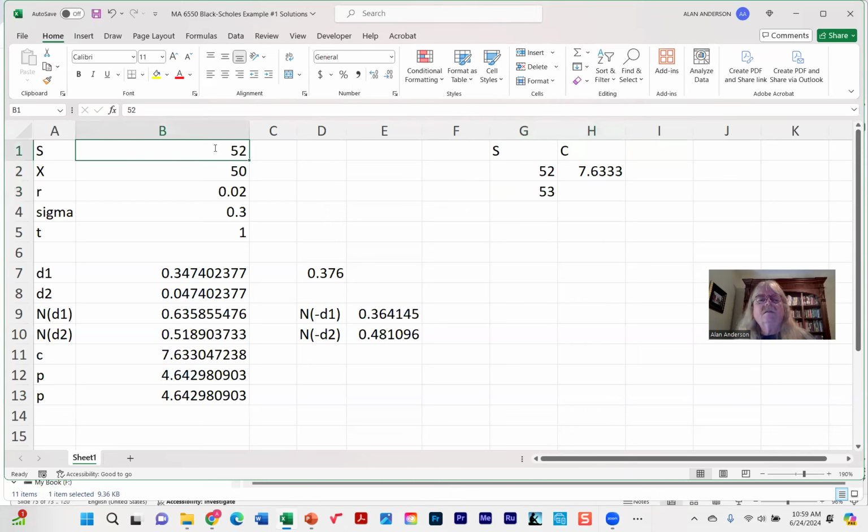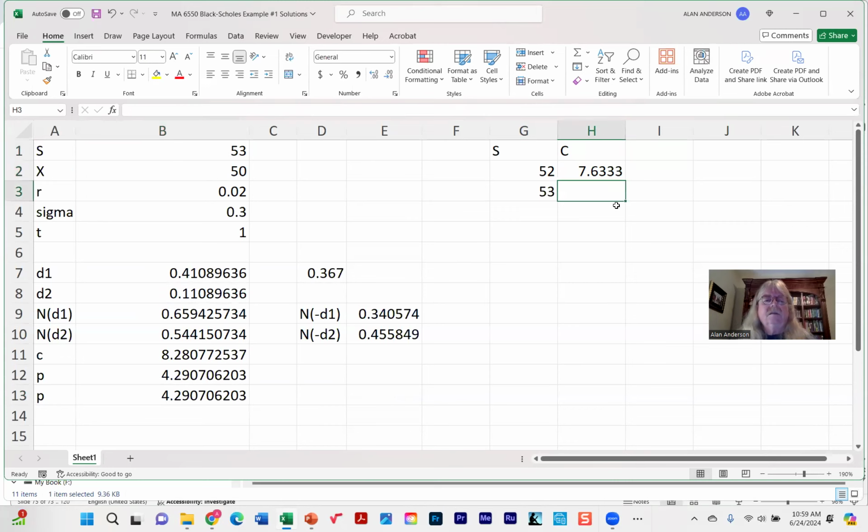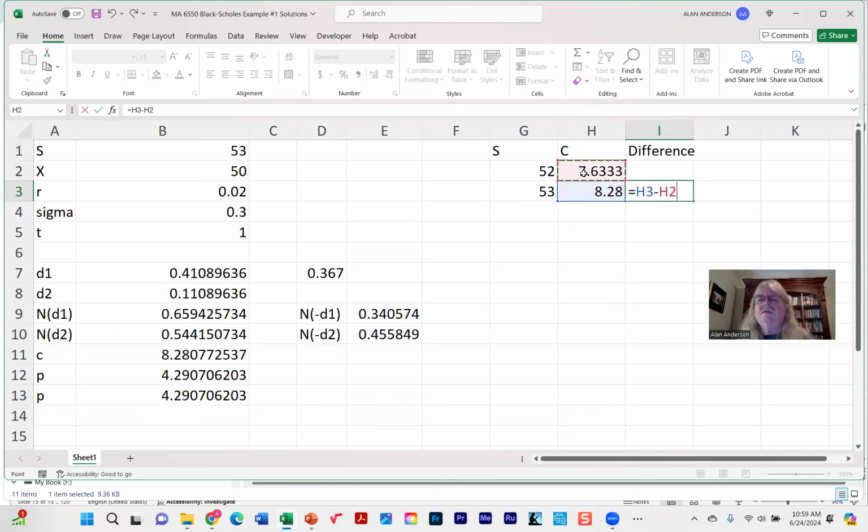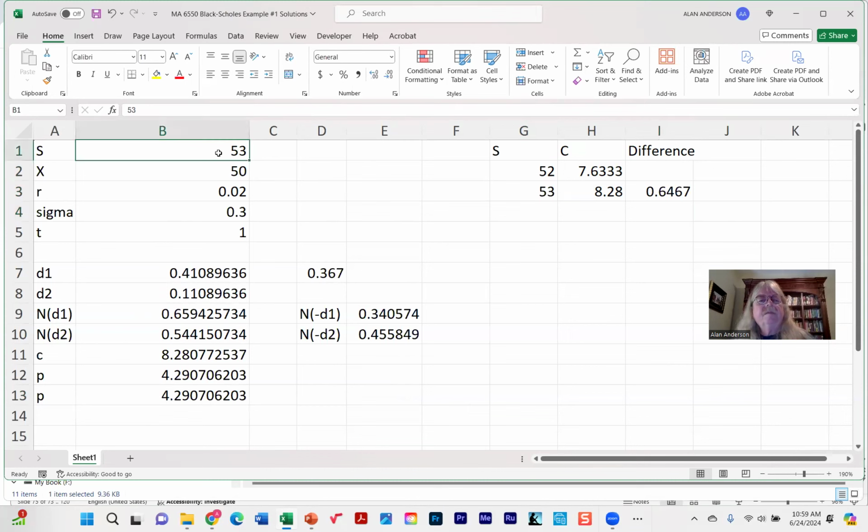The call price is approximately 8.28. So it went up by approximately 65 cents, let's say.